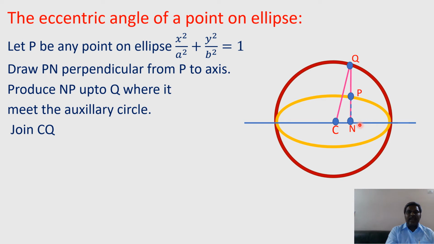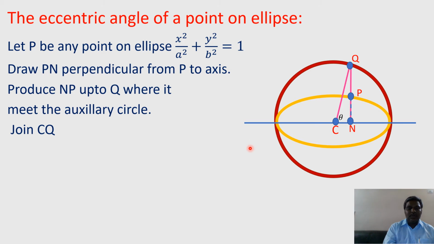If angle QCN is theta, then that theta is called the eccentric angle of this point P with respect to the ellipse.